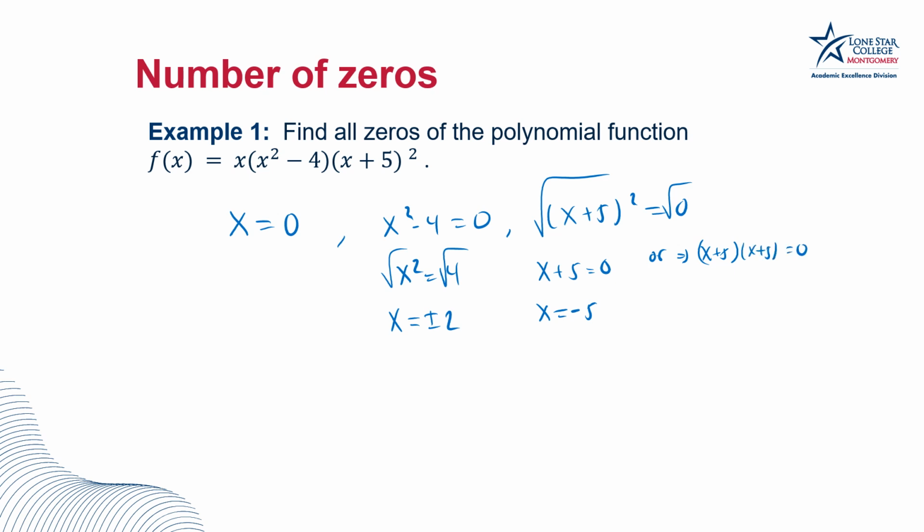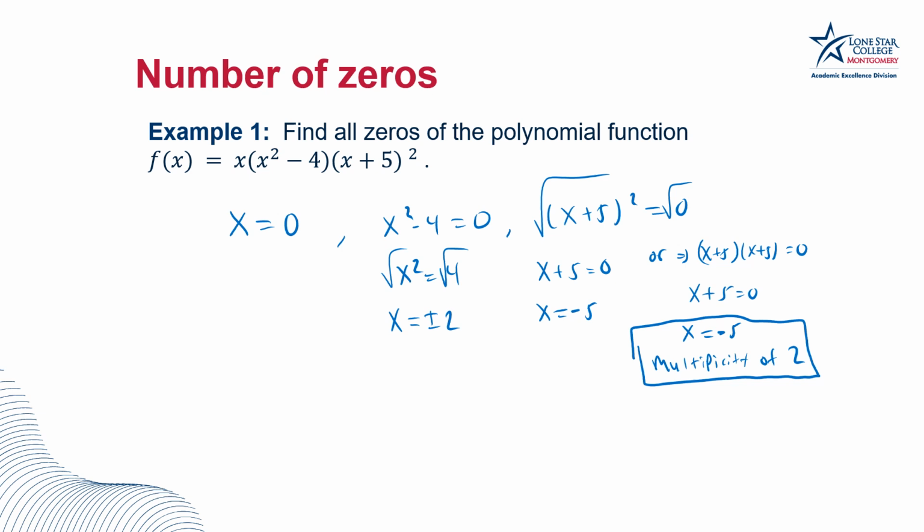Because they're the same term, you can just focus on one of them and set that equal to 0. That gets us negative 5 as well. But this is where the multiplicities come in. Because this is (x plus 5) quantity squared, it tells us that the zero x equals negative 5 happens twice. So the multiplicity would be 2.